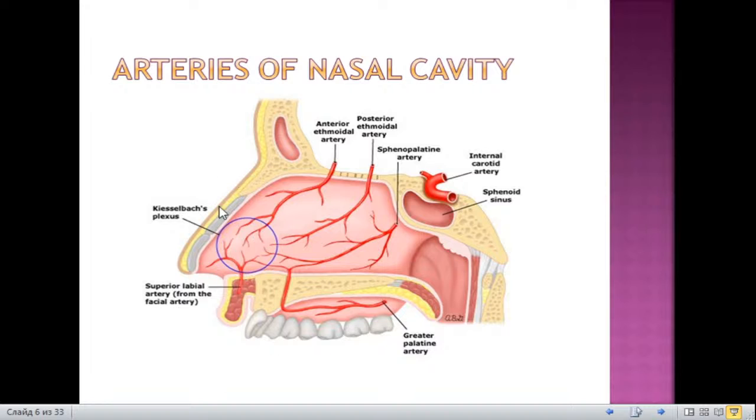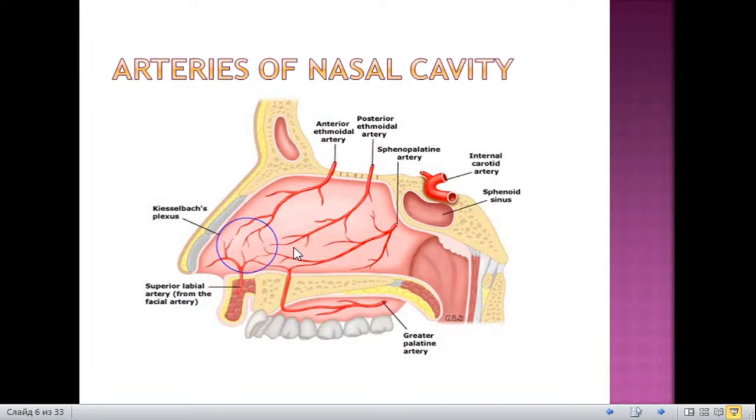The place where the branch of the facial artery anastomoses with the ethmoid arteries, chiefly the anterior ethmoid artery, and the nasopalatine artery is called Kiesselbach's area or Kiesselbach plexus. It's a place where it is situated. Maybe sometimes it just happened with you, some bleeding from the nose. This blood bleeds from Kiesselbach's area, the Kiesselbach plexus of the nasal cavity.